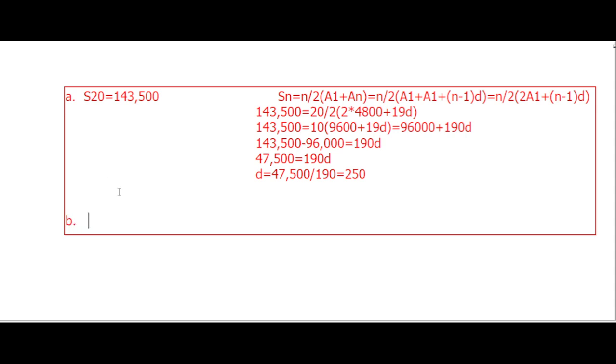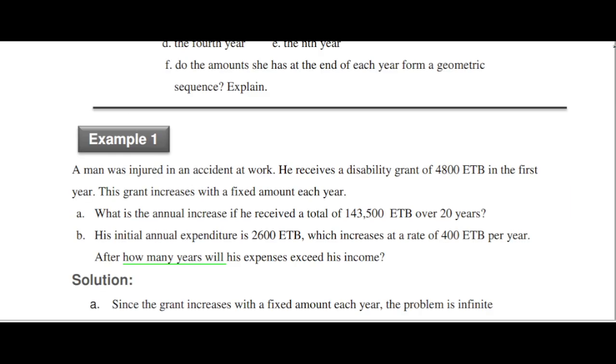For expenses, we have given initial a1, which is equal to 2,600.